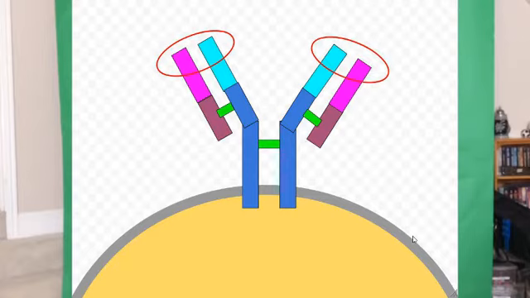Disulfide bridges in green link the heavy chains together and each of the light chains with a heavy chain. Each chain has a constant region in dark blue for the heavy chain and dark pink for the light chain. The constant regions have fairly consistent nucleotide sequences. The ends of these chains, in light pink and light blue, form the variable region.